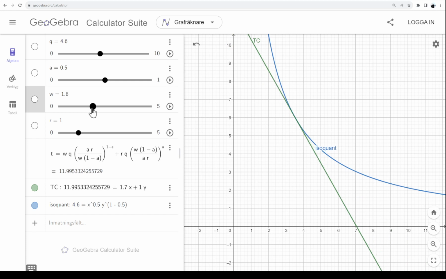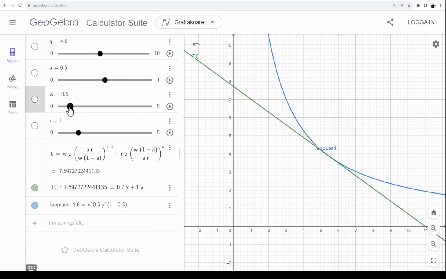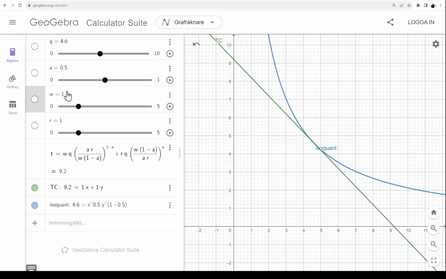And then we see how the tangent point moves to a point where there is less labor compared to when the wage was cheaper, then it uses more labor. So we have labor on this axis and capital on this axis. If I set them equal to each other, I have 1 and 1 now, normalized.